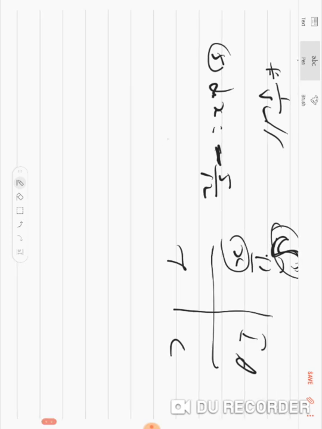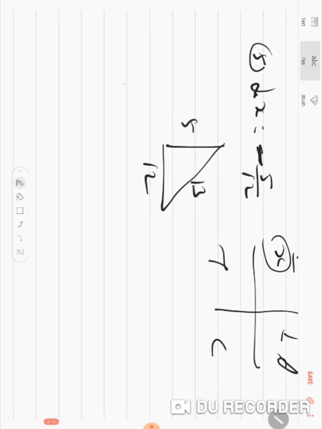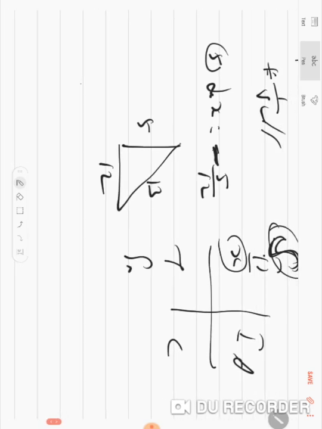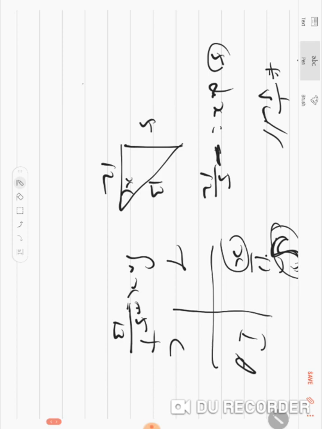So you can just draw a triangle, opposite by adjacent is tan. So find what is hypotenuse, 13. So you can write other trigonometric functions such as sin x is opposite by hypotenuse. Sine is positive, so it's plus, because it's in the second quadrant.